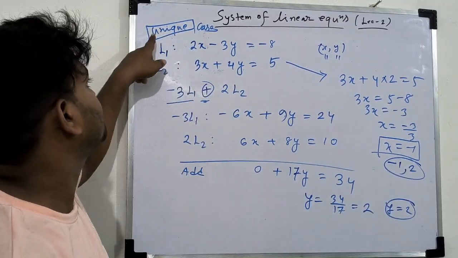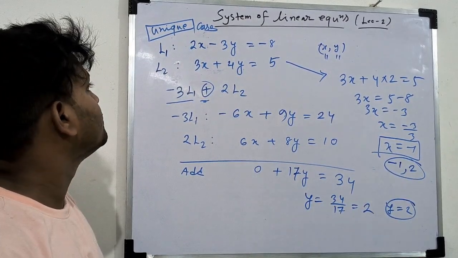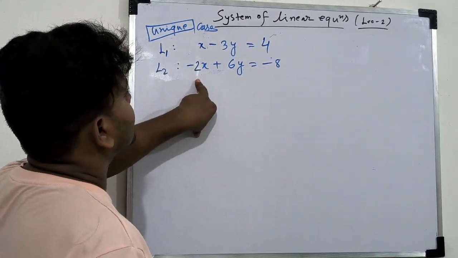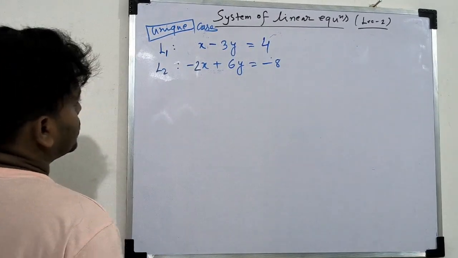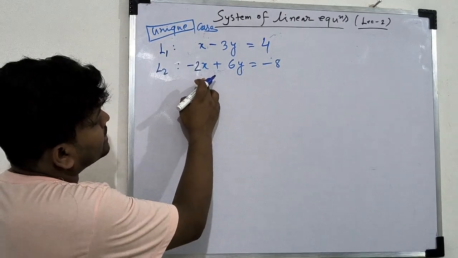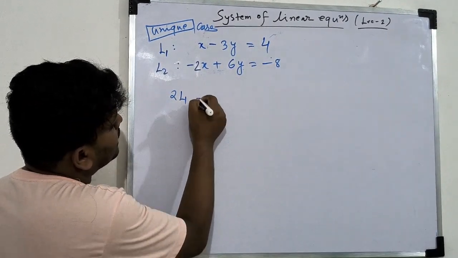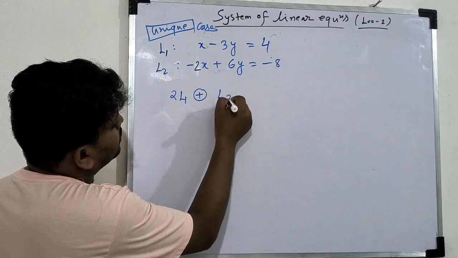So let us take a system for infinite number of solutions. If you are given this system of two linear equations, to eliminate x from this equation, simply we multiply 2 with L1 and add with L2.